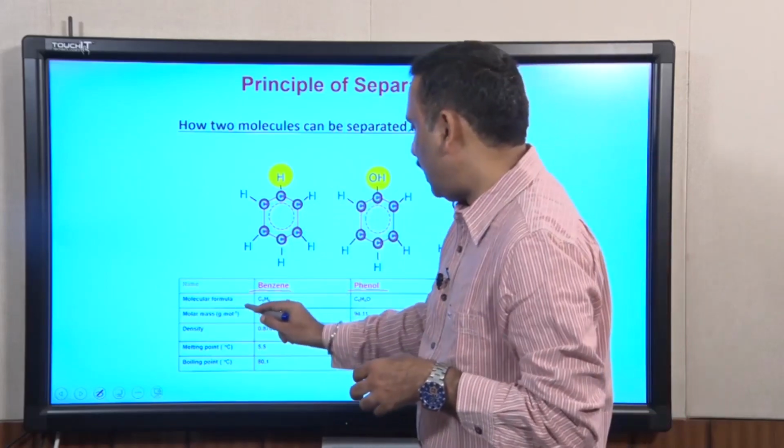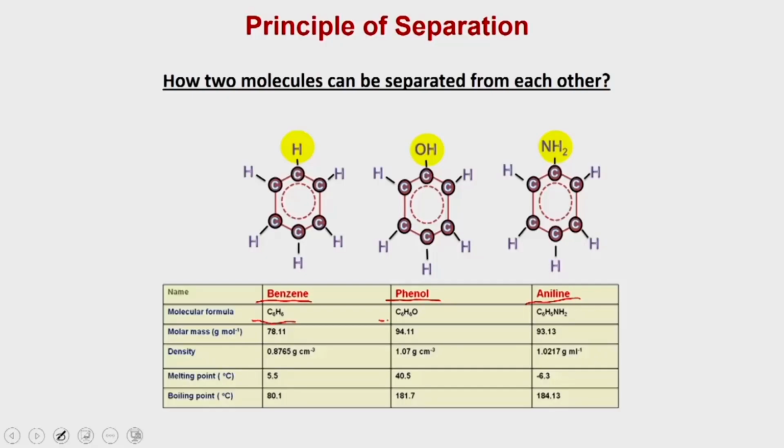The molecular formula of benzene is C6H6, of phenol is C6H6O, and of aniline is C6H5NH2. The molecular weights of these 3 molecules are 78, 94 and 93. Similarly, the density of benzene is 0.87 grams per centimeter cube, phenol 1.07 and aniline 1.02.